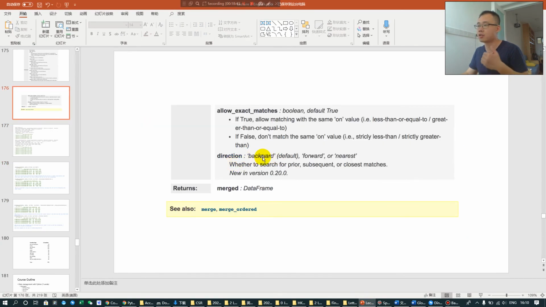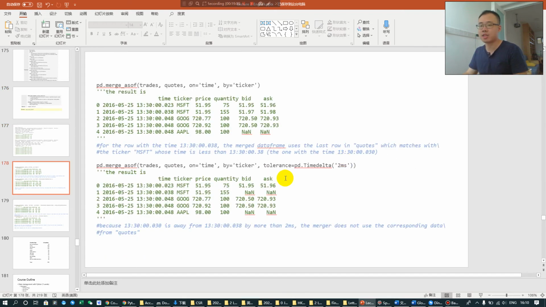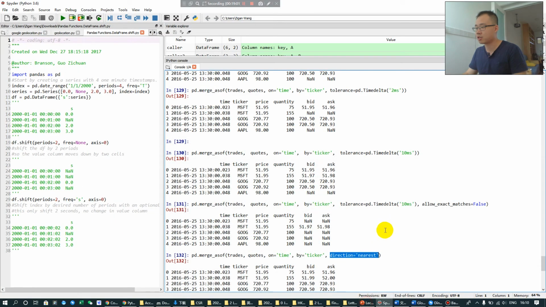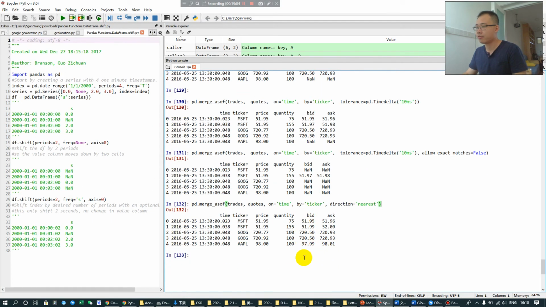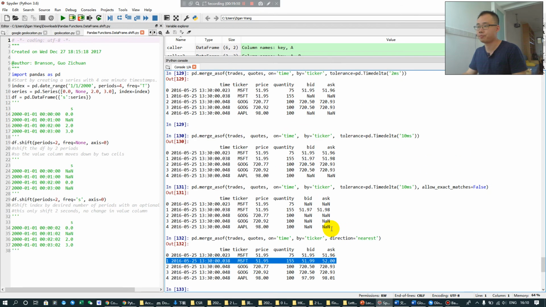Okay, you look at the quotes time before the trade time. You can also look forward, the quotes time after the trade time, or the nearest. If you use the nearest value for the direction parameter, there will be two changes. First is this.